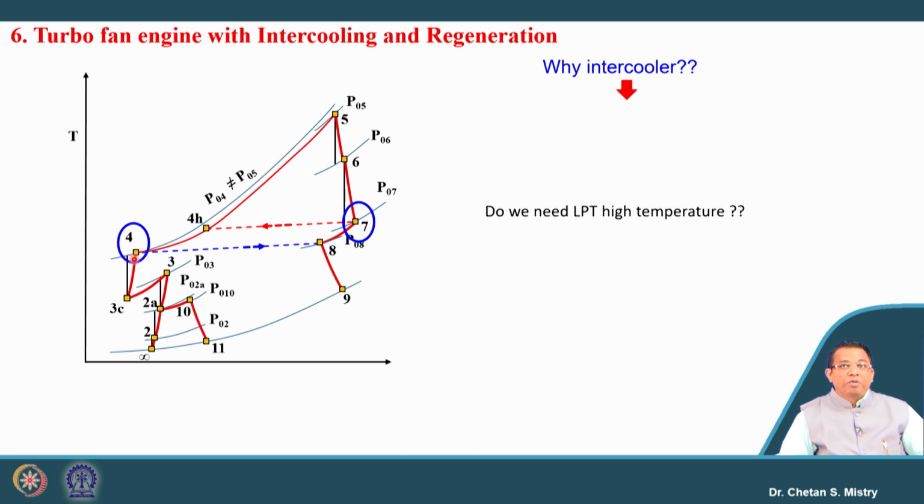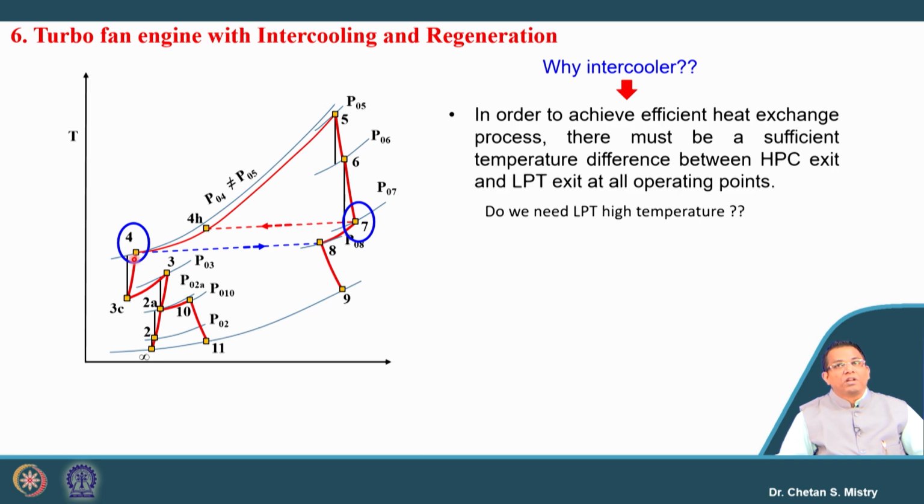If we do not have that sufficient temperature difference, it is difficult to achieve an effective heat exchange process. So the purpose of the regenerator will not be served if I do not incorporate the intercooler. Got the point? I want point 4 as low as possible, and I want point 7 to be as high as possible.